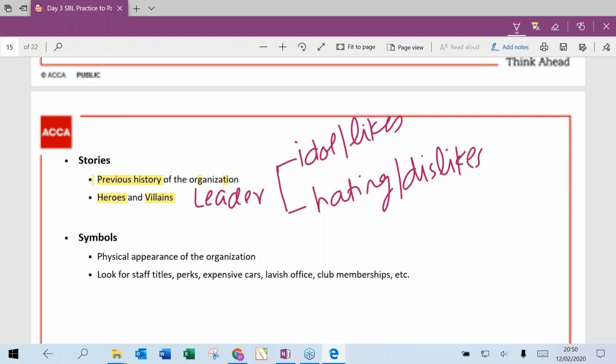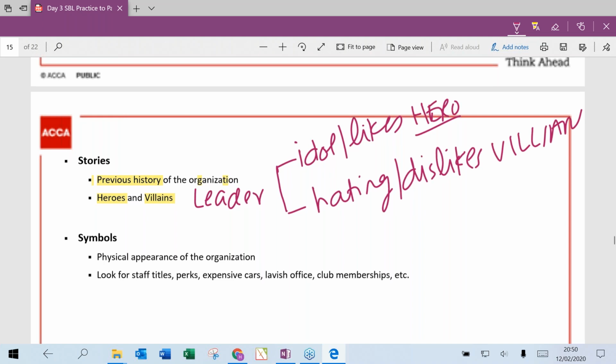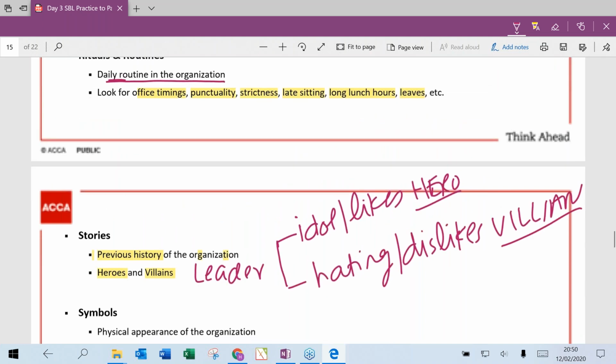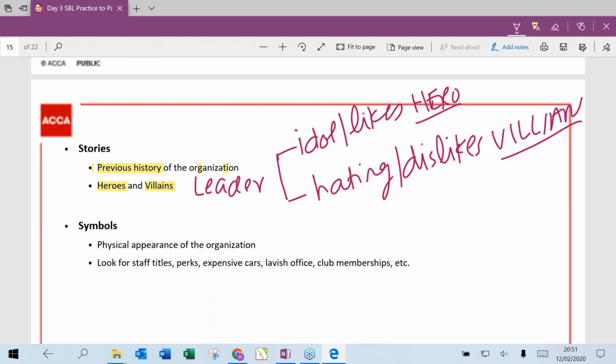Whoever is his ideal, whoever he likes, will be called hero, and whoever our leader dislikes or hates is called villain. Very simple. In the case, the information might be given that your leader is obsessed with Hitler or obsessed with Angelina Jolie or whoever. That's hero. And he hates the tax guys, he hates the pressure groups, so those are villains.